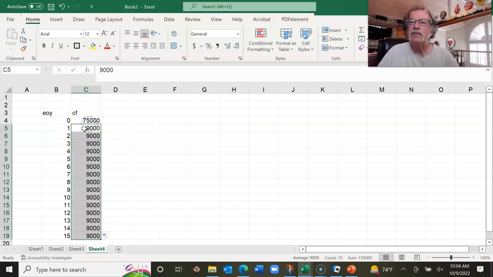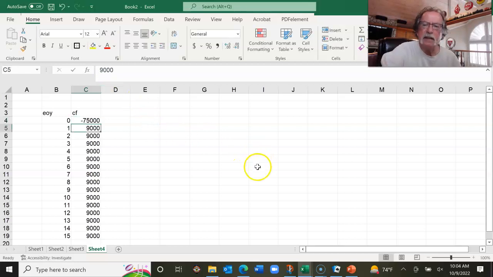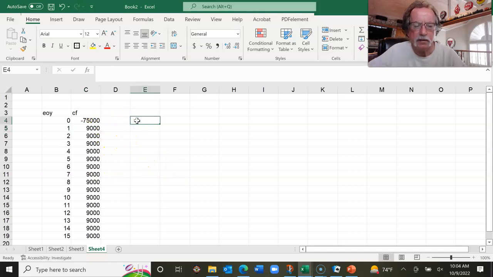We're going to invest 75,000, so that's a negative 75,000. And we can use the IRR function.